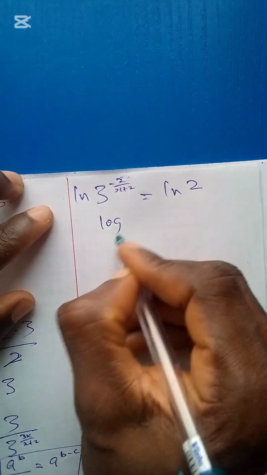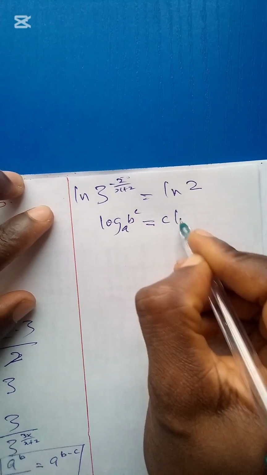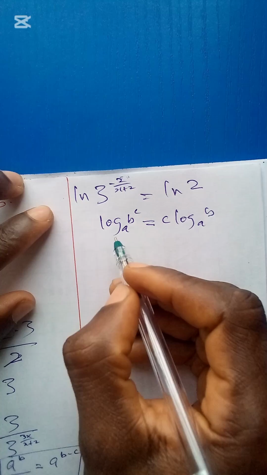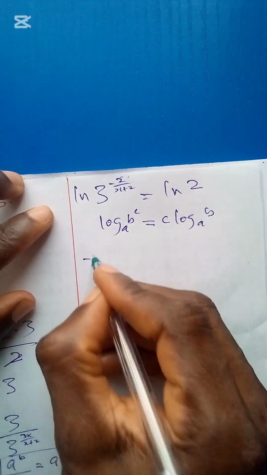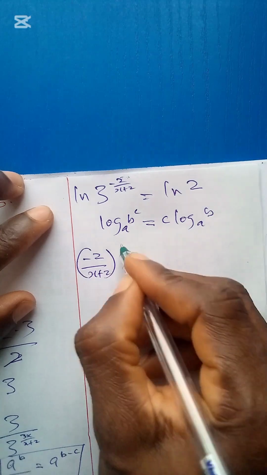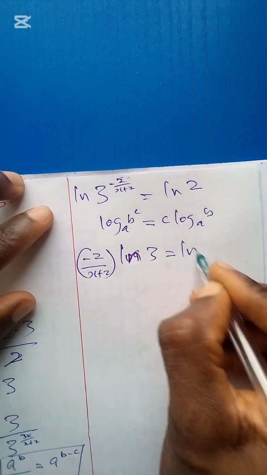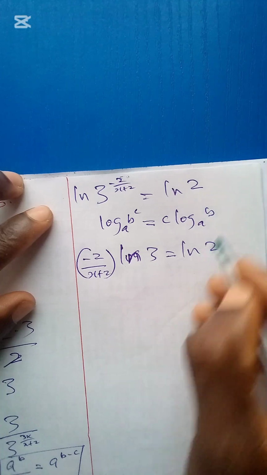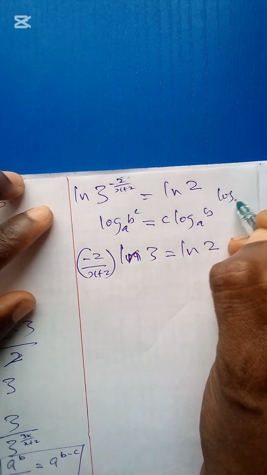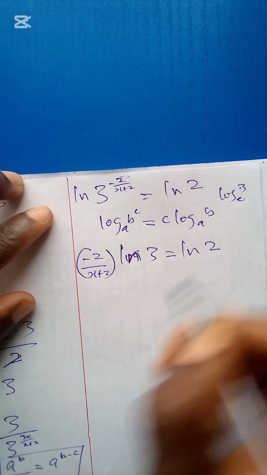That is, log to base a of b raised to power c is equal to c log to base a of b. So it will come down, giving us minus 2 over x plus 2, let's put it in the bracket, ln3 is equal to ln2. Of course, ln is log to base e, so ln3 is log to base e of 3.